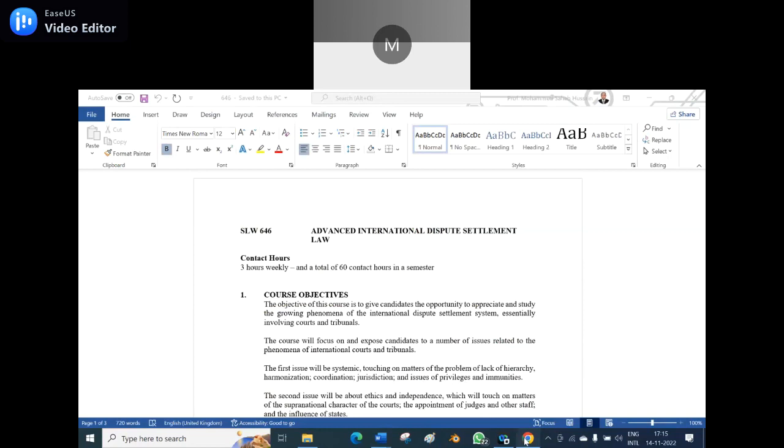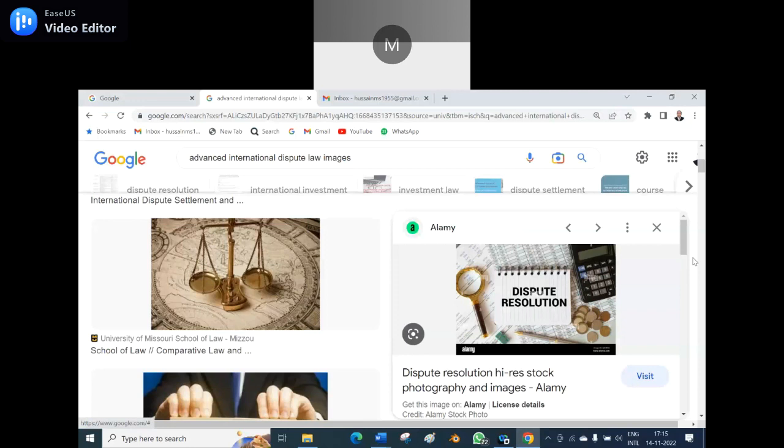Now what I posted on the screen, can anybody unmute and read? Read loudly. Dispute resolution. Keep your gadget very near, the sound is very less.